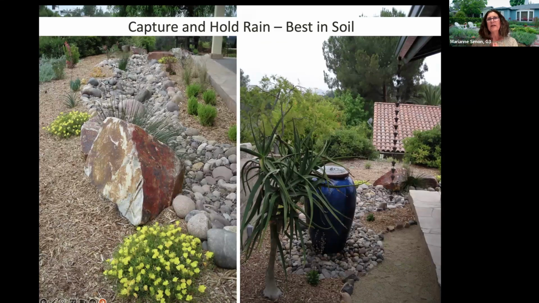But in those flat areas, certainly improving the health of your soil, small contours, you don't have to go crazy with creating dry creek beds, but simply improving the texture of the soil, small divots, even, where that water is going to hit the soil and it can't just run off. It actually has the opportunity to soak into the soil.